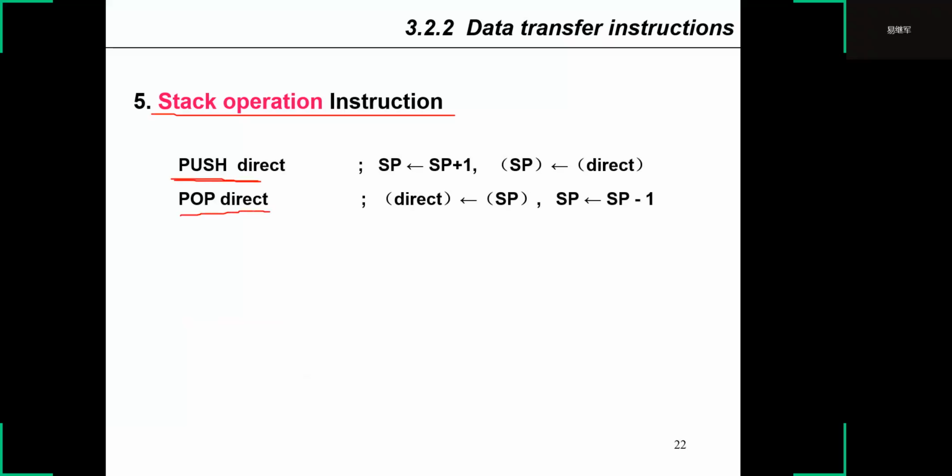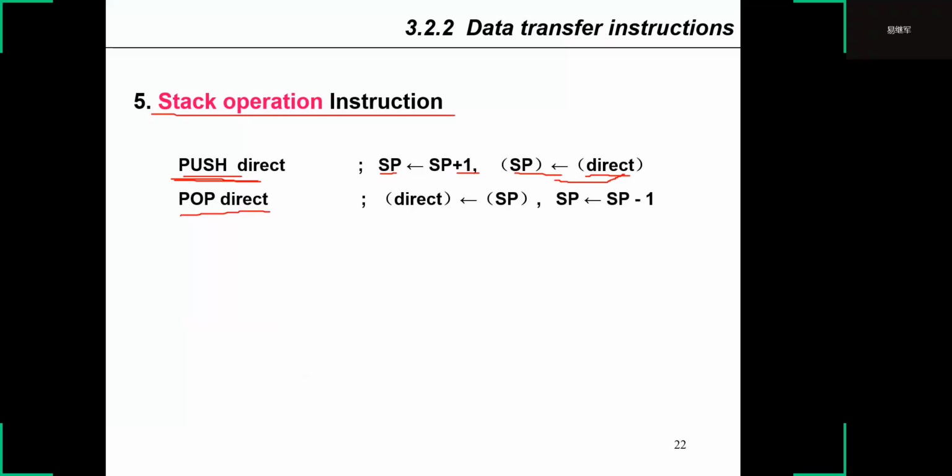When this instruction is executed, the SP stack pointer adds one, then the data is written to the address in the stack.